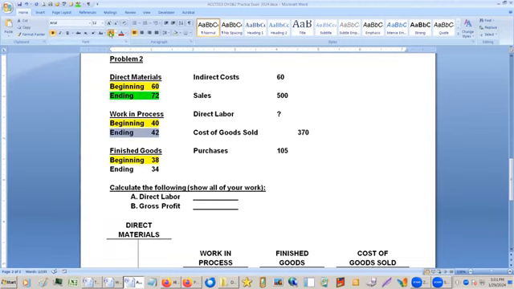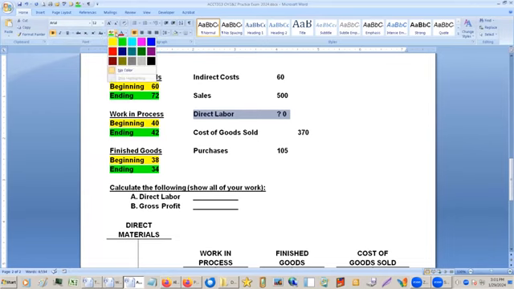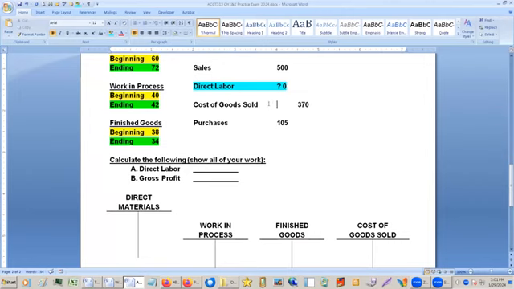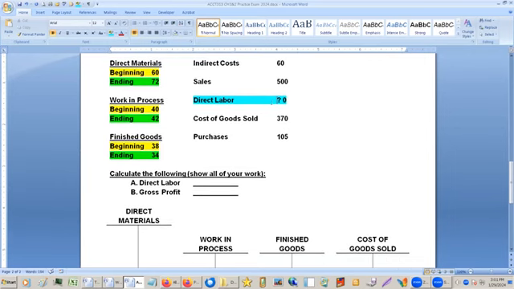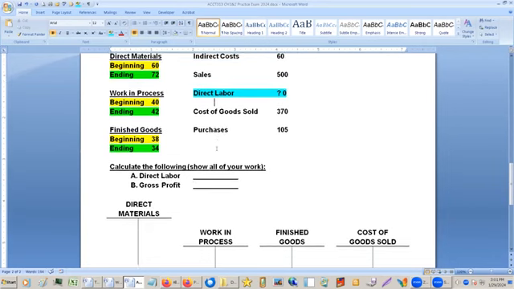The only wacky part about this is when you have something that is unknown, you just plug in a 0. And now we're going to come up with a cost of goods sold that is without the direct labor, but we'll be able to figure that out by comparing it to this one. Okay, you guys got it.